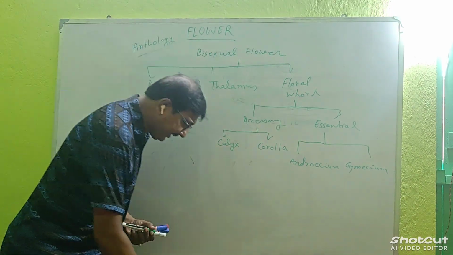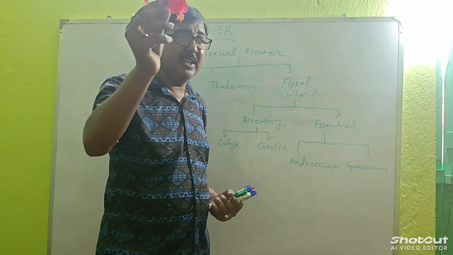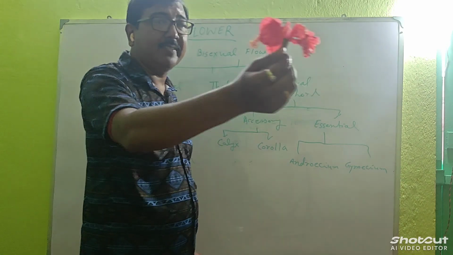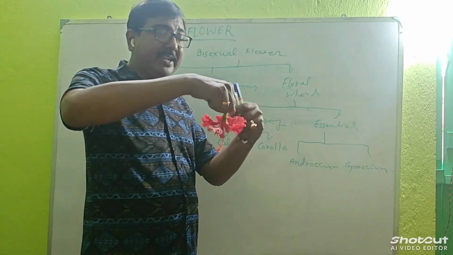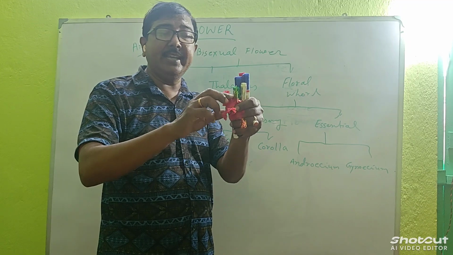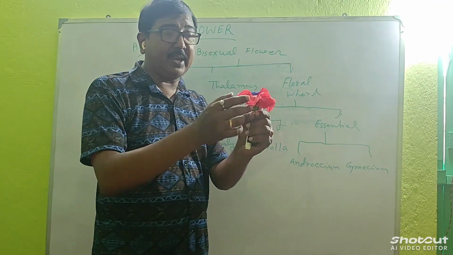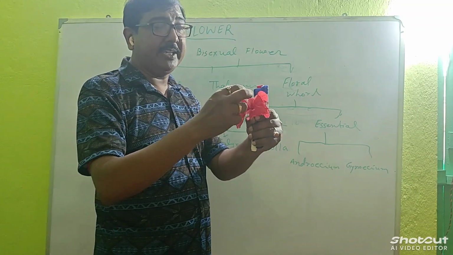First, see this flower, hibiscus. This is a complete flower. Why complete? Because in this picture, the green part is called the calyx, the red part is called the corolla, and there are some yellow structures.